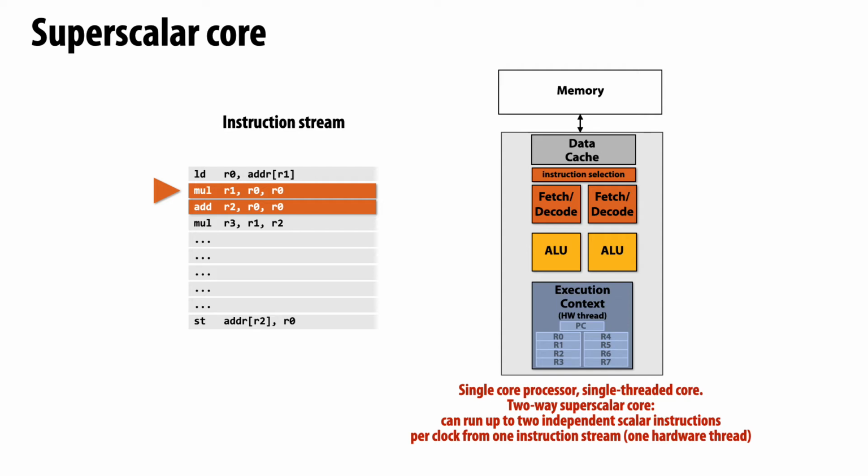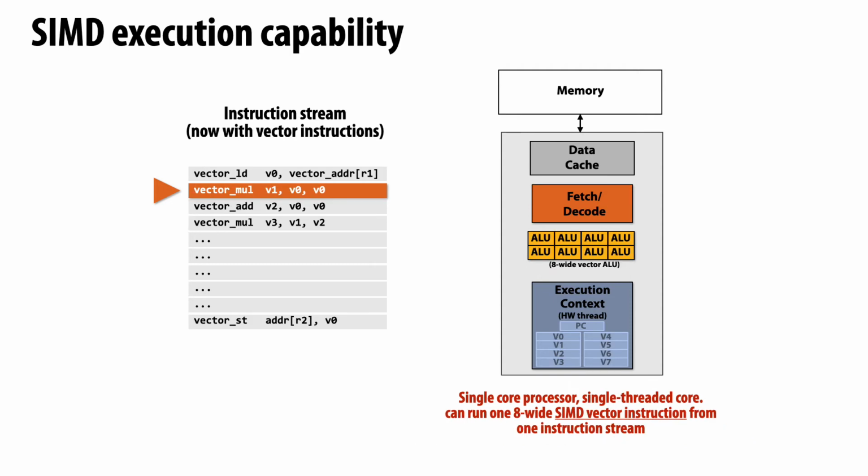Okay, so now let's put aside superscalar for a second and go back to another form of parallelism that we discussed in the lecture, which was SIMD execution. So here's a core that is a single core. It's single-threaded. There's only one execution context. It does not support superscalar execution because there's only one fetch and decode unit. But we added multiple ALUs, 8 ALUs in this case.